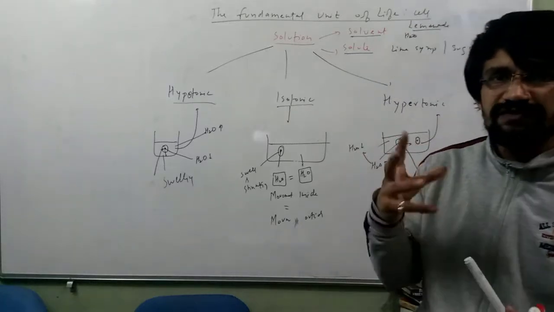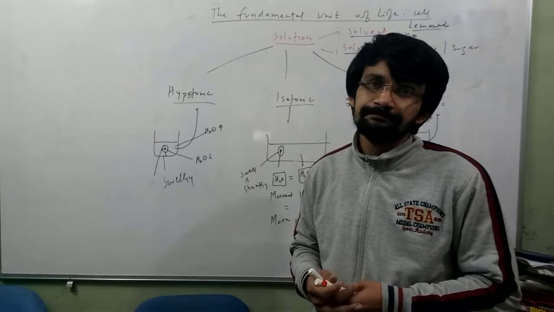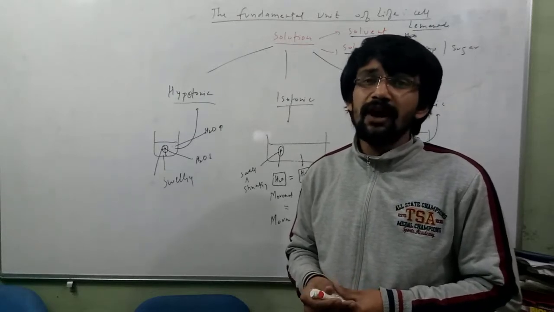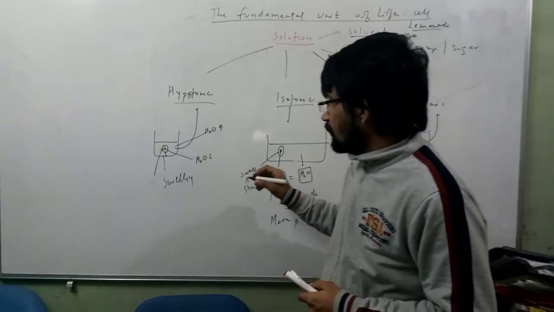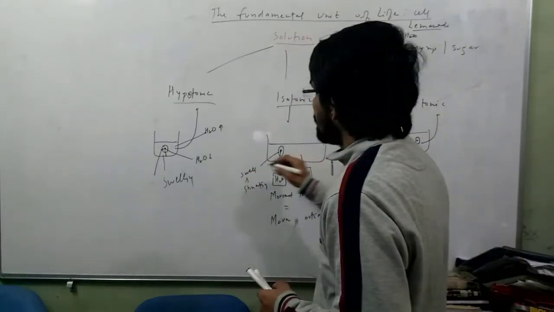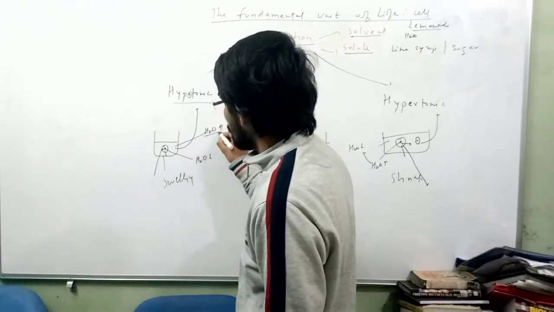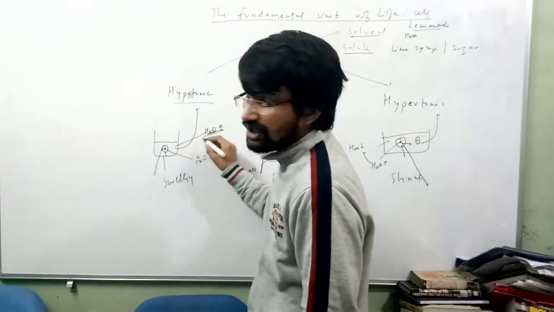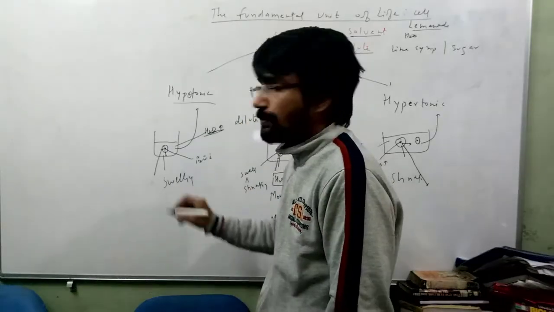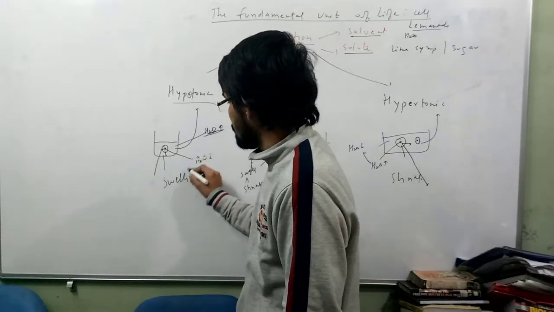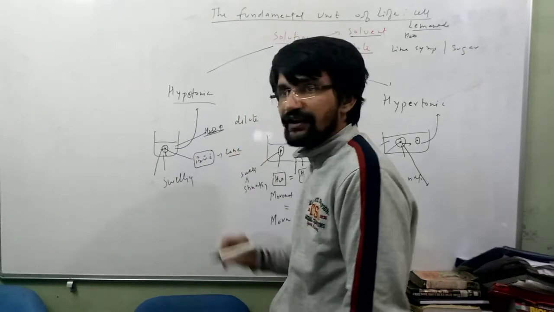Now there is one more concept which I would like to add in this, that is the amount of substance dissolved, that is, the amount of solute. Now let's take the case of hypotonic solution. Here the water which is present in the solution is very dilute, but the water which is present inside the cell is basically concentrated.